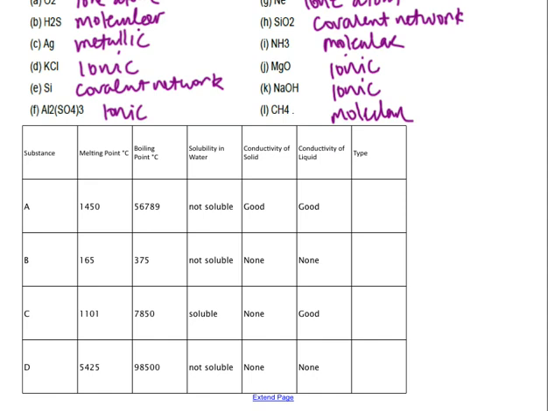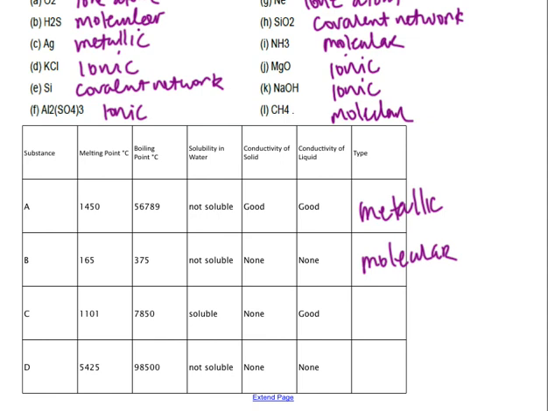All right, and so here, this is kind of fun. Let's categorize these. The first one has a high melting point, high boiling point, not soluble in water, good conductivity as a solid and a liquid. I'm going to go for metallic here. This next one, low melting points, not soluble in water, and do not conduct anything. Molecular.